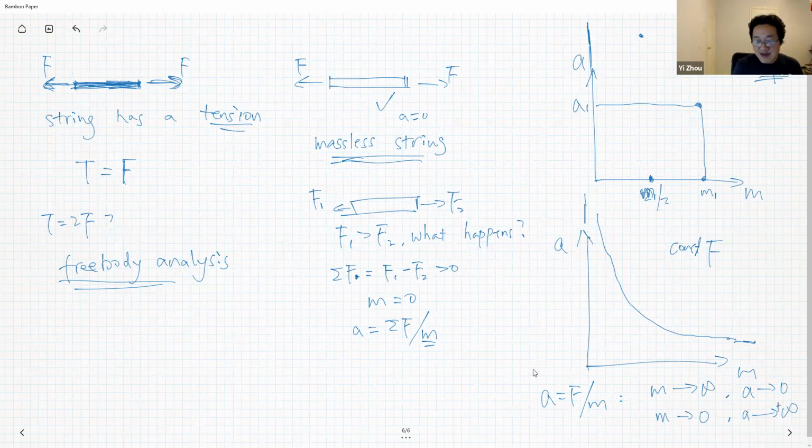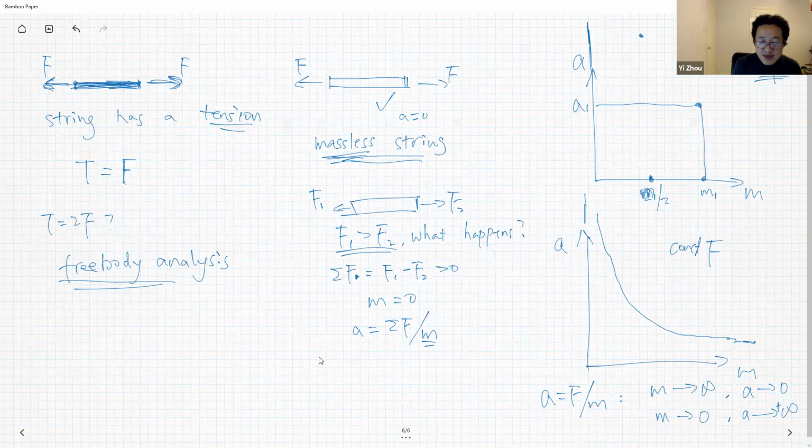So this is a condition which is not possible, because if F1 is greater than F2 and there's no mass, we'll have an infinite acceleration for the string.